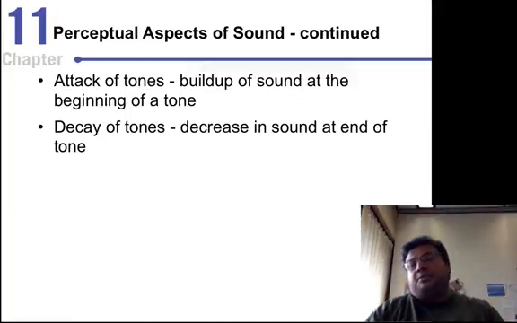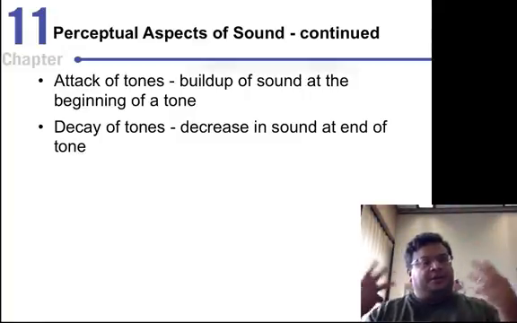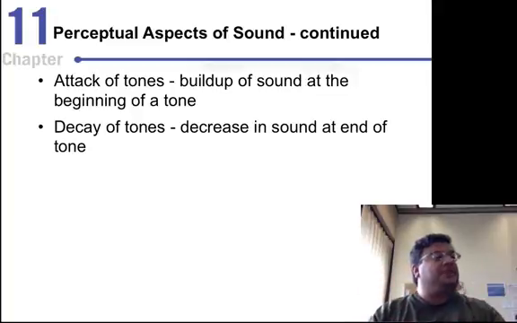So each tone, when it presents itself in the stuff that you're listening to, is going to have a particular attack and decay, and of course, the attacks and decays of the tone are going to change the timbre of the tone, of the way the tone is being expressed.